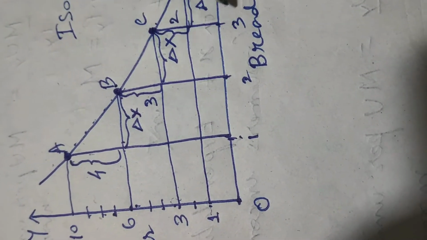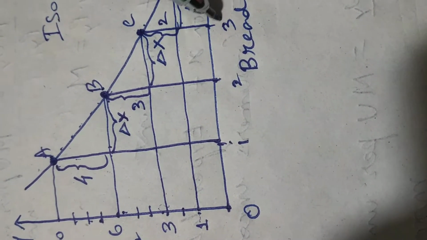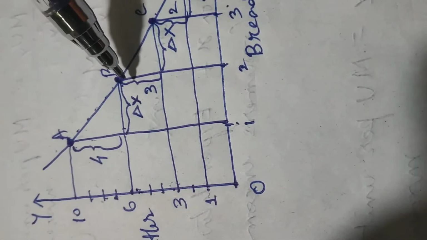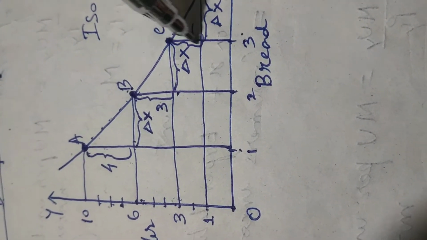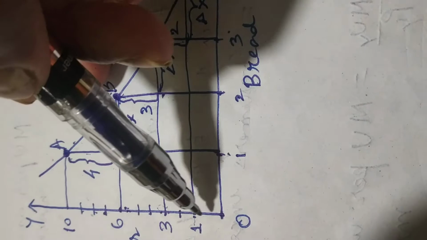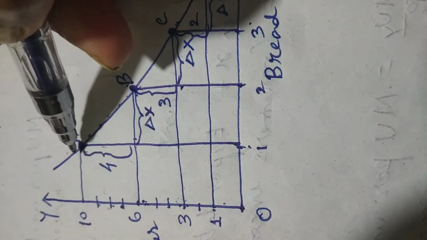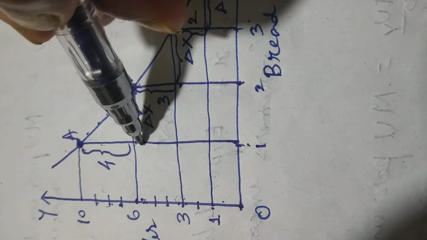Again, from B to C, when he has increased by 1 more unit, from 2 to 3, he has reduced the consumption of Y from 6 to 3. That means consumption of Y reduces by 3 units. Again, when he moves from C to D, the consumption of Y is reducing by 2 units, from 3 to 1.